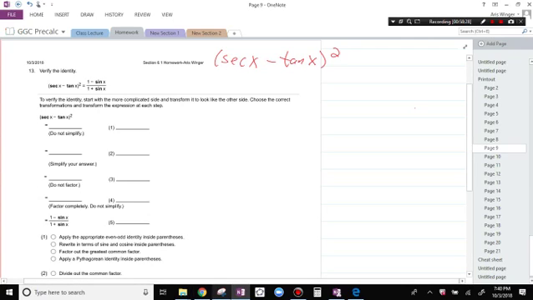We're going to write in terms of sines and cosines inside the parentheses. Secant is 1 over cosine. Tangent is sine over cosine.